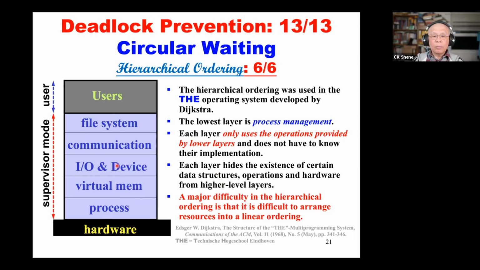As we know, if you can build an operating system this way, this system does not have deadlock. Don't laugh at this. That was the late 1960s. During that period, many operating systems frequently got deadlocks.